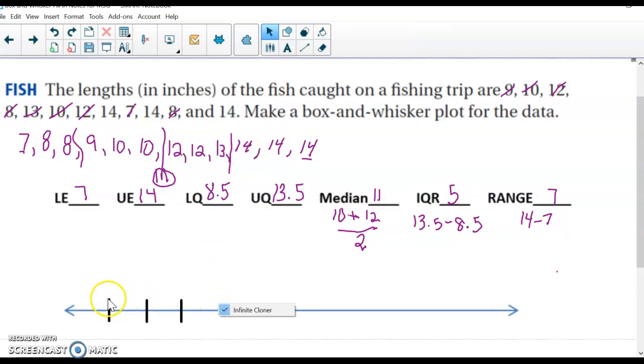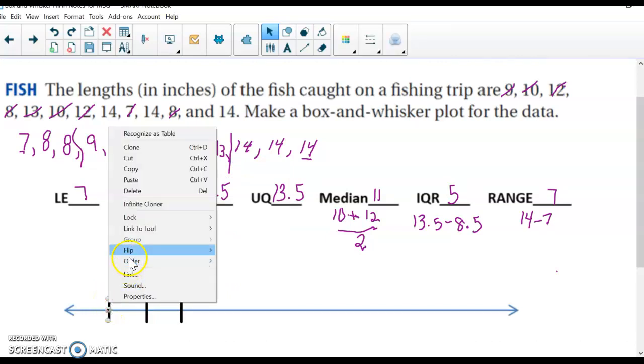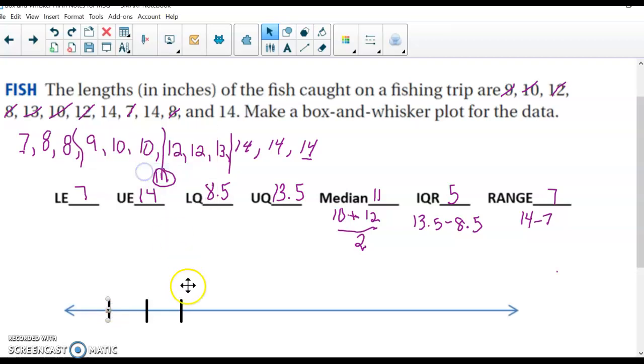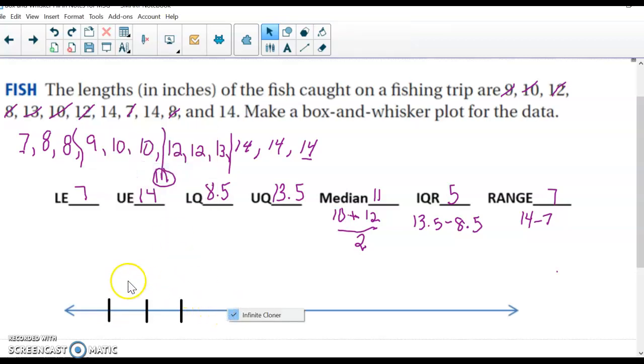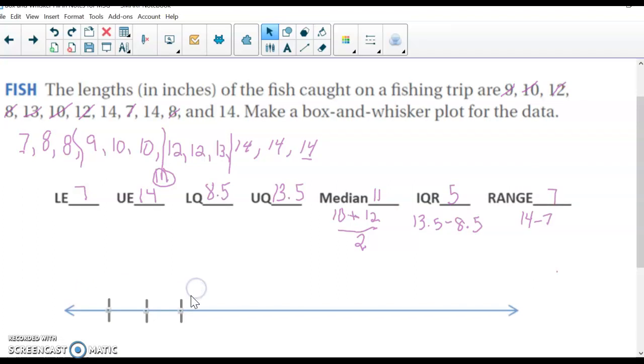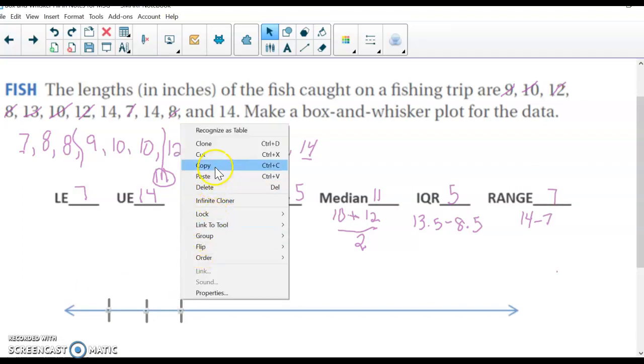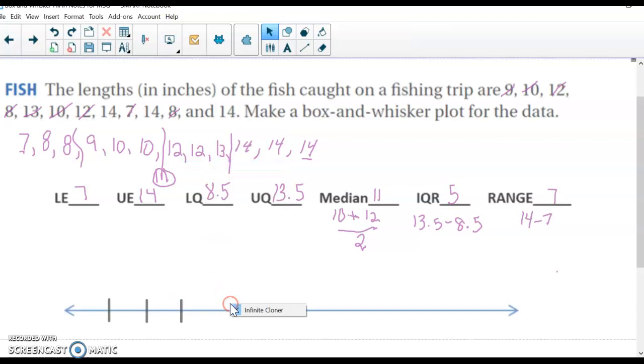And, no. Copy. All right. Let's see if I can copy and paste all 3 of them. No, I can't.